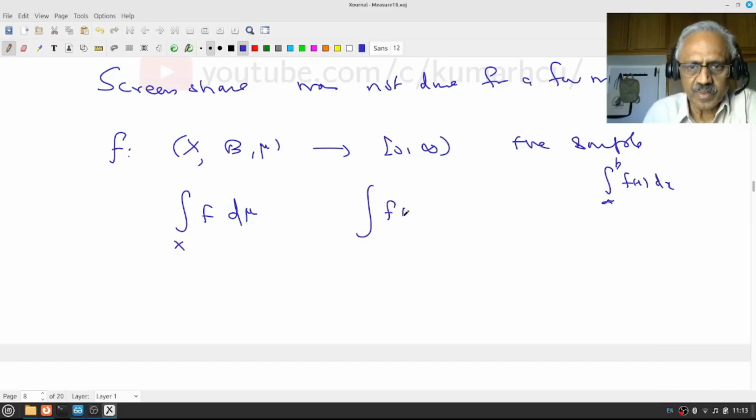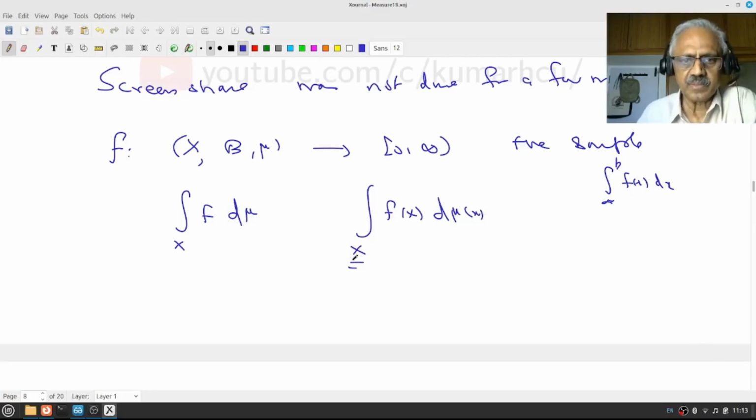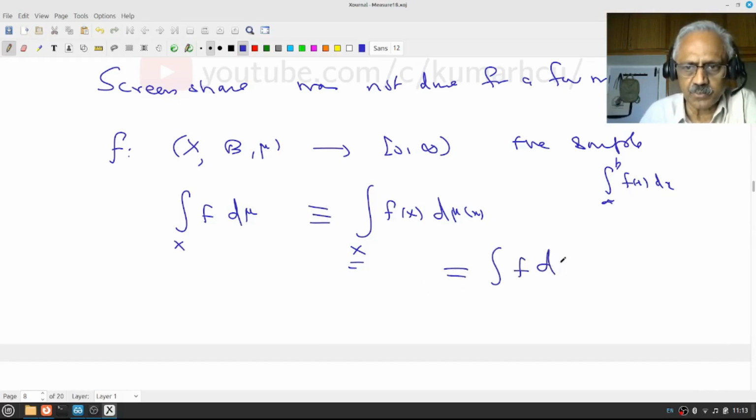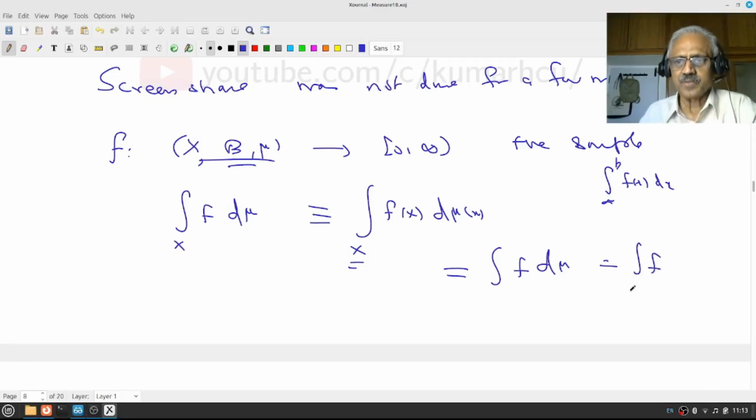Therefore, sometimes to make sure that we are talking about the variable, we do that. Okay, this is the same as this. And if μ is clear, if X is clear, then we may even write integral of f dμ. And if everything is fixed, then I may even write integral of f without saying over X and with respect to the measure μ.